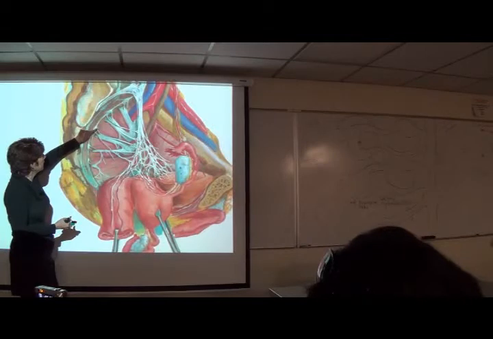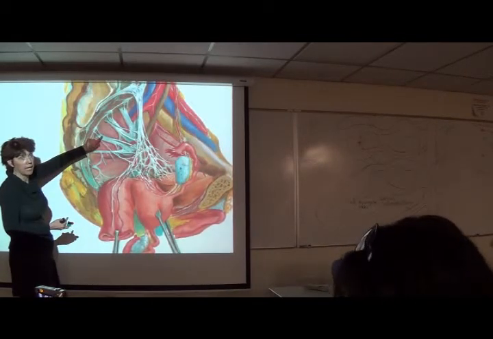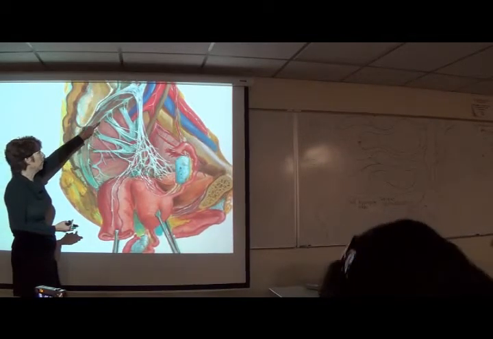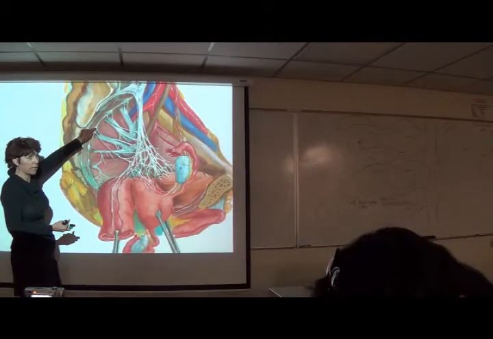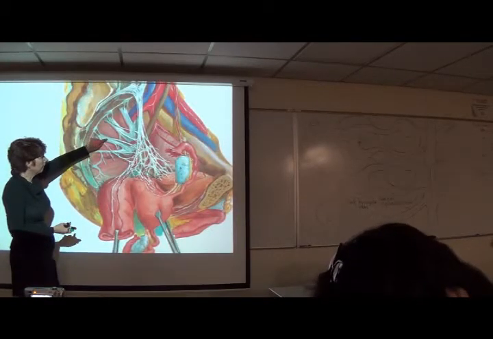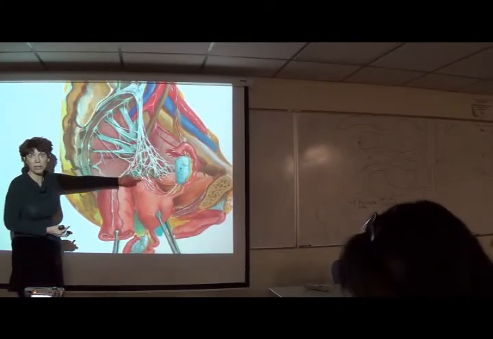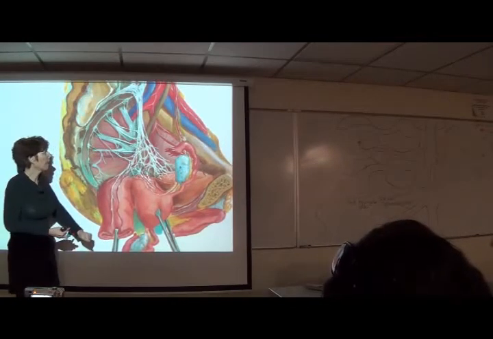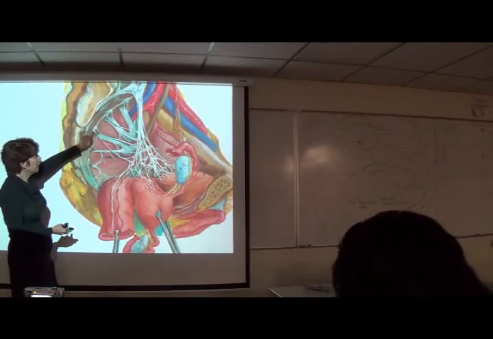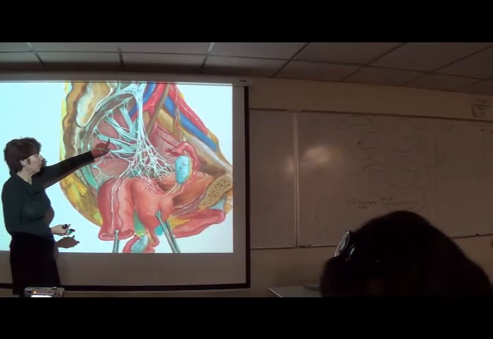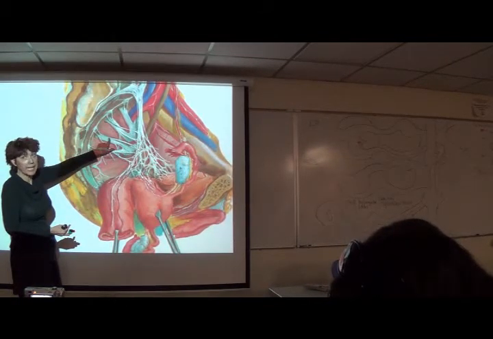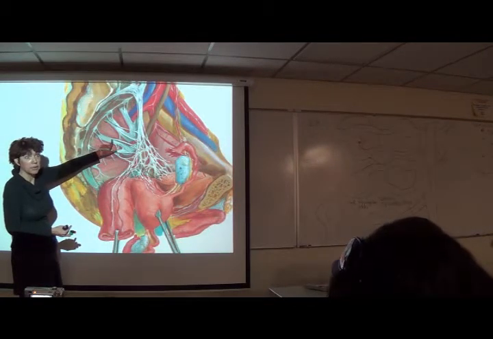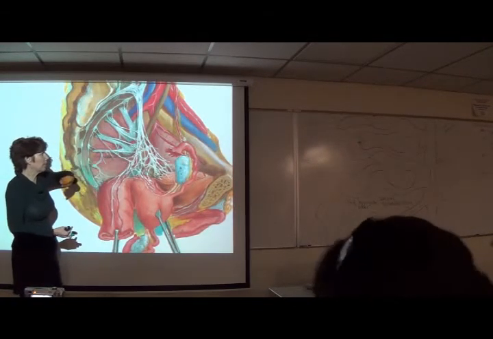So this right here is a gray ramus communicantes. It's carrying postganglionic neurons from this structure into the ventral ramus and out the sciatic nerve to go to skin and muscles of your blood vessels in your leg. This ventral ramus from the sacral spinal cord also contains preganglionic sympathetic fibers, parasympathetic fibers that we'll come back to.